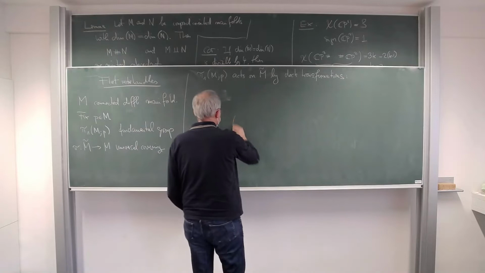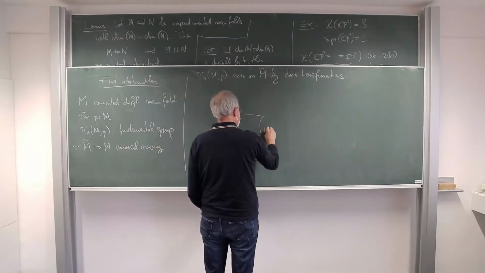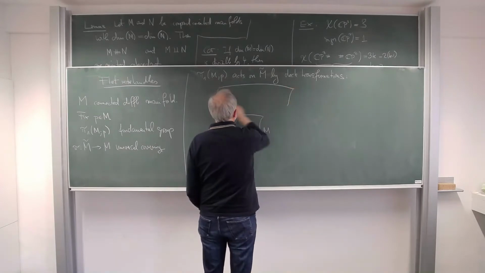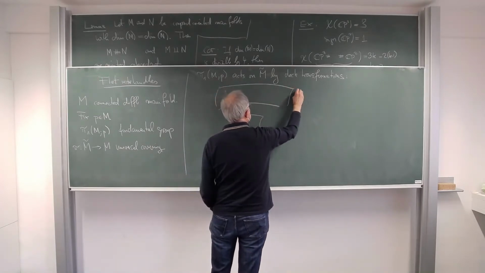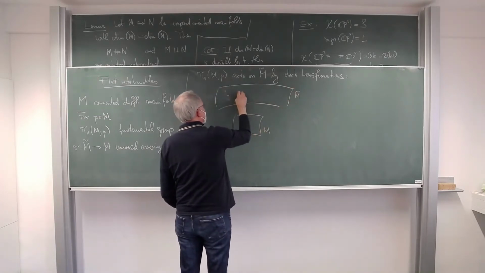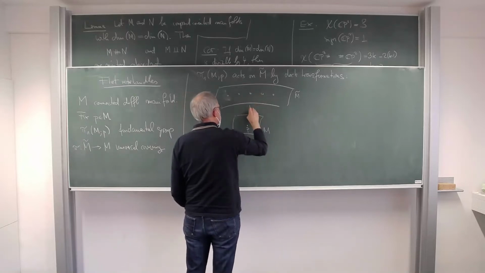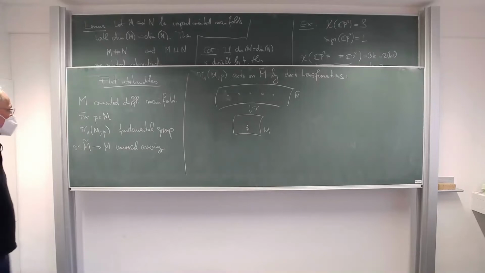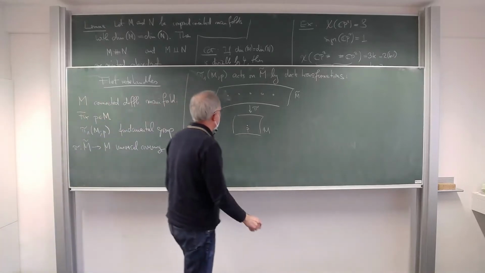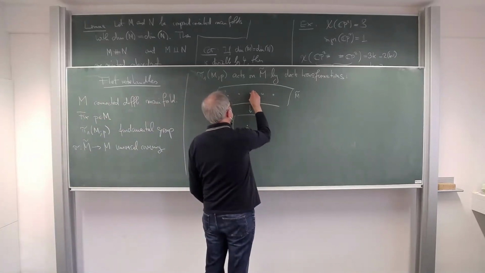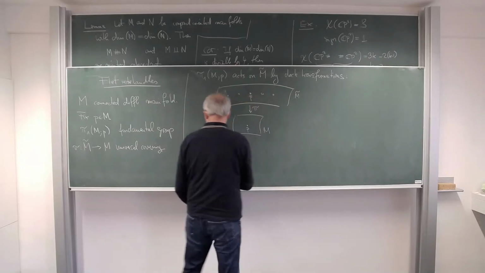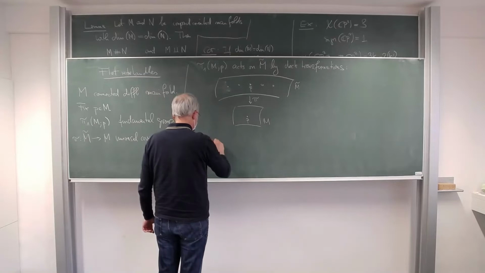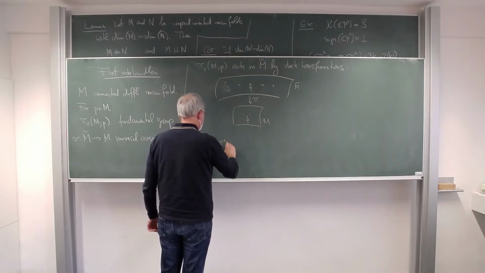So here you have the manifold M, here is our base point p, and somehow here is the manifold M tilde, and we have these pre-images of p under the projection pi. So let's pick some pre-image point here, let's say p tilde, a pre-image of p.